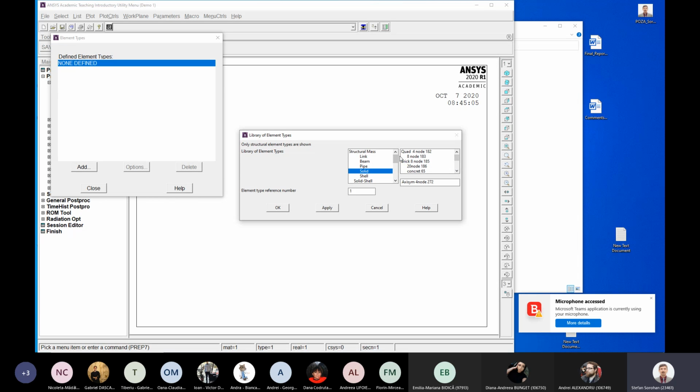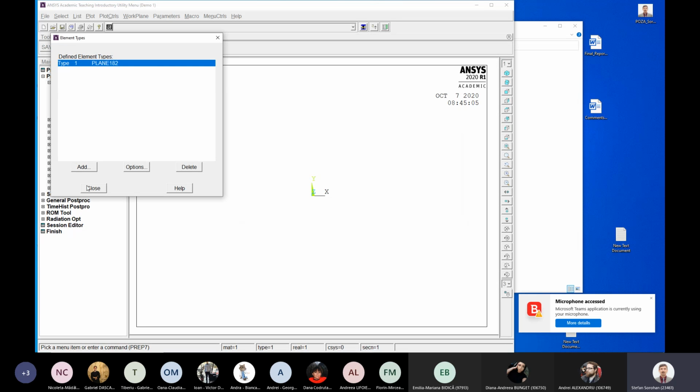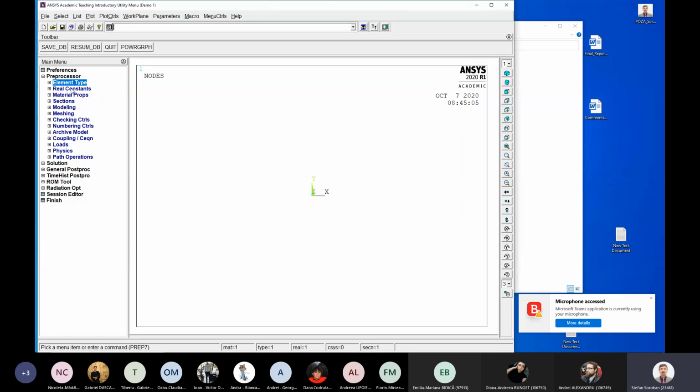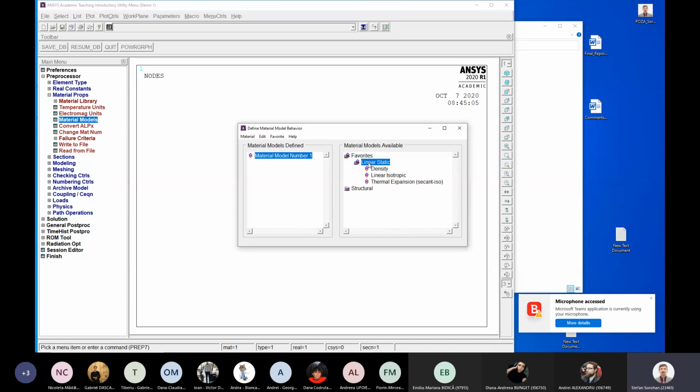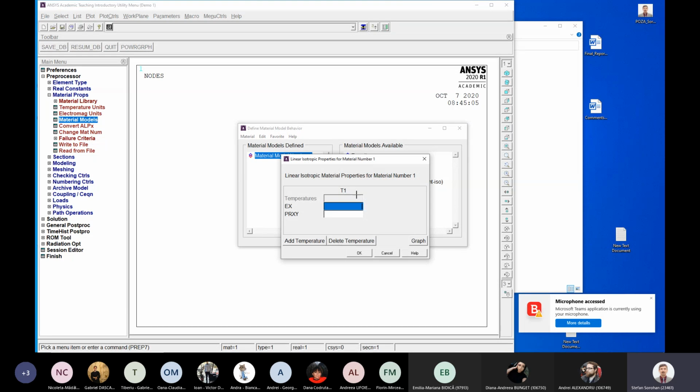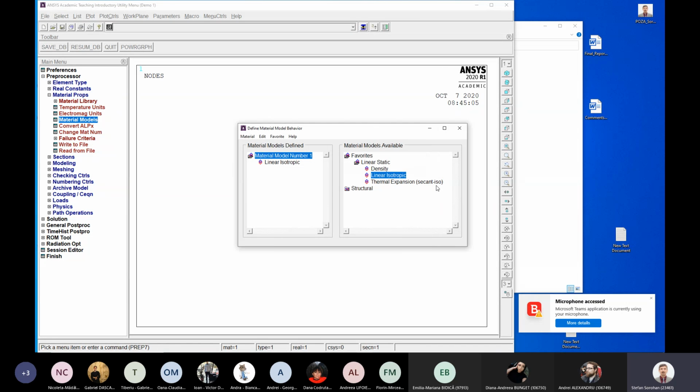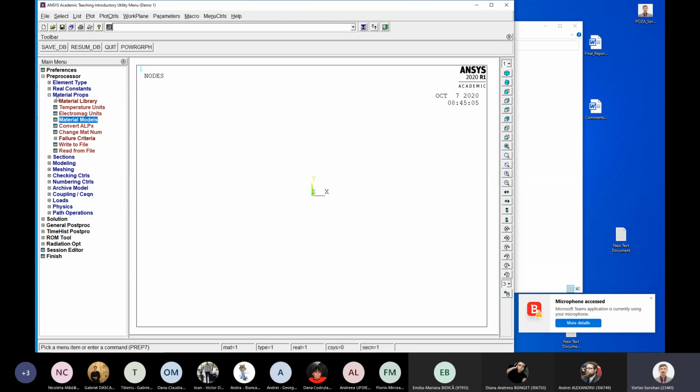More than 300 different element types were implemented in ANSYS. Let's take, for example, this one. You can take a material or put some constants for a material, let's say Young's modulus here. Please remember the Young's modulus in megapascal is 2E5. This is the Poisson ratio.